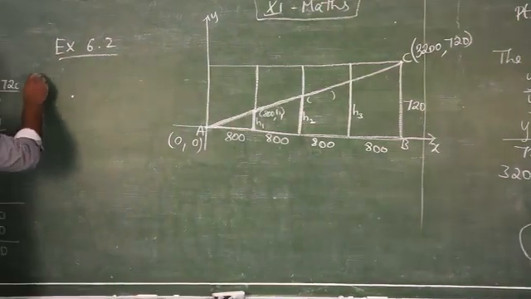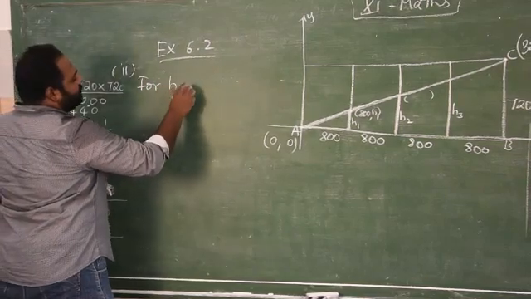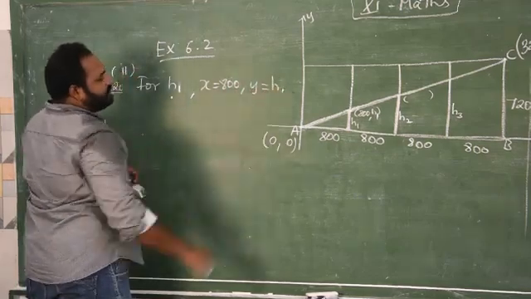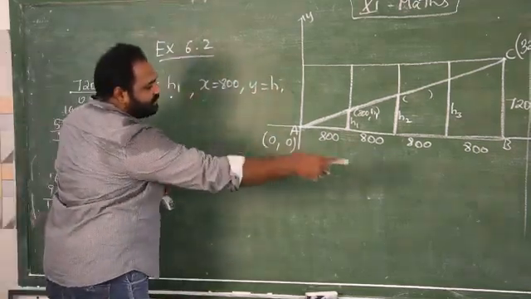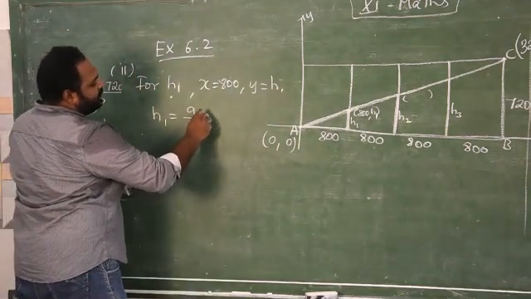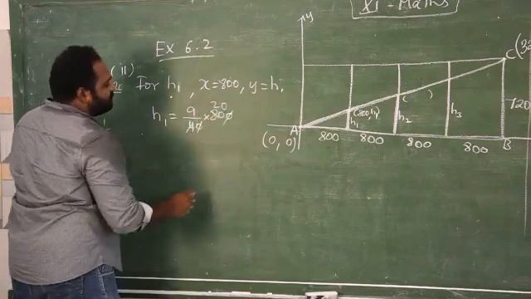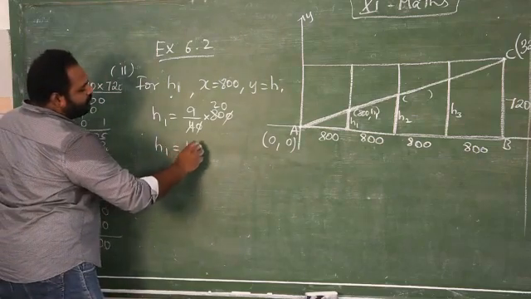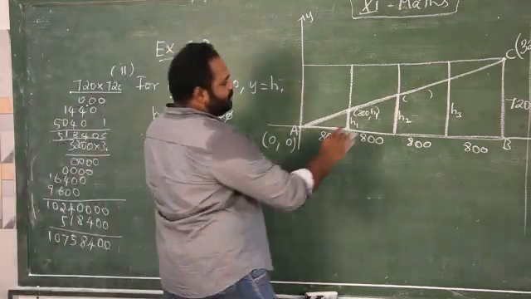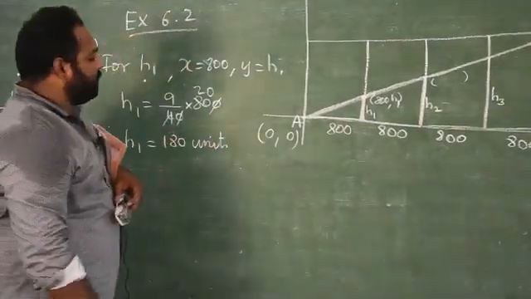So for h1, x is supposed to be 800, and y is what we have to find, that is h1. You apply these values in the general equation. h1 equal to 9 by 40 into 800. Cancel the 2 zeros. So h1 equal to 180 units. So the height of this distance is 180 units.